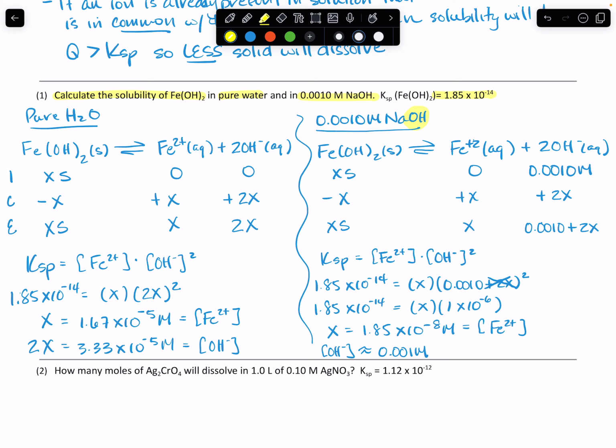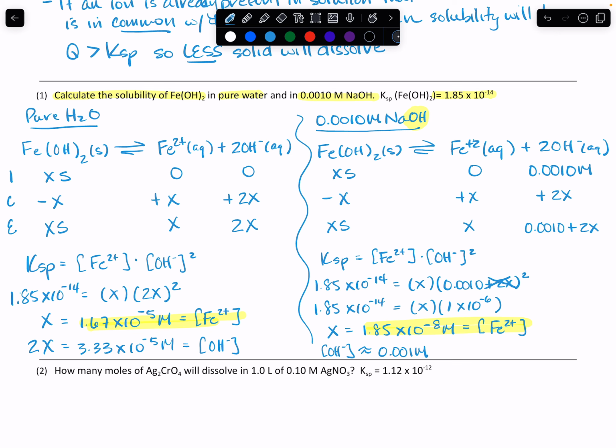But what I want to look at here is the iron concentration in pure water versus in this solution with the hydroxide present. You can see that we have decreased the amount of iron present by a factor of 3. I mean, there is so much less present, and that is because of the presence of that hydroxide ion.